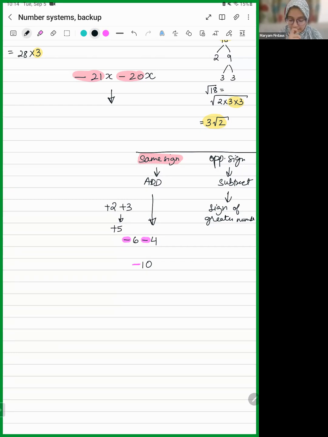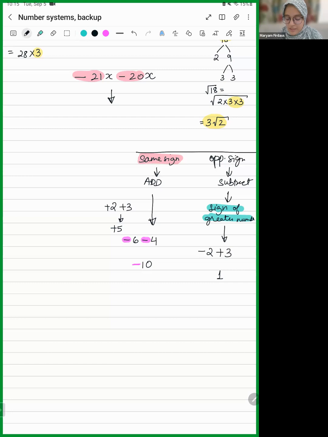Okay. Then we have opposite signs. Avni, can you give an example of two numbers which have opposite signs? Minus 2 plus 3. So what you do here is you subtract both of them. So you do 3 minus 2, which is 1. You have to put the sign of the greater number, which is positive.